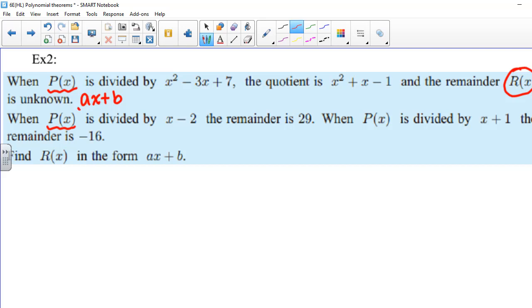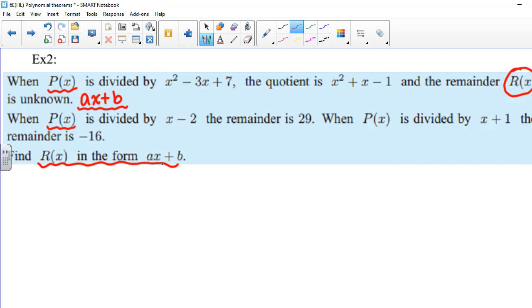So we need to understand this correctly. This is the reason why the question is correct. So based on those conditions, you need to look for what the remainder would be in terms of x when this p of x is divided by a quadratic. And this remainder should be 1 degree less than this one, or maybe it's just a constant when a equals 0.